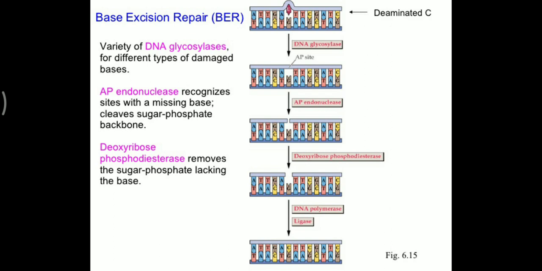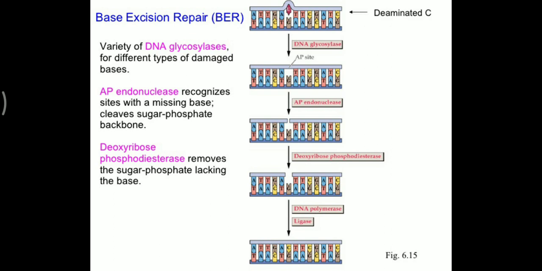In this segment there should be a C, but here we have got U in the DNA segment. So the C, that is cytosine, is deaminated.